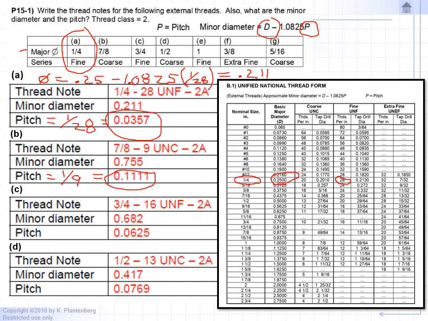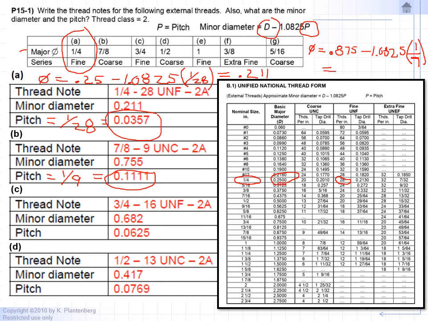I don't have enough room here. So minor diameter equals 7/8 or 0.875, minus 1.0825 times 1/9, or 0.111111.